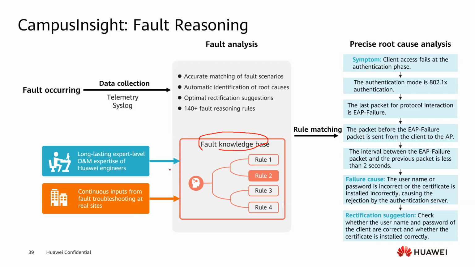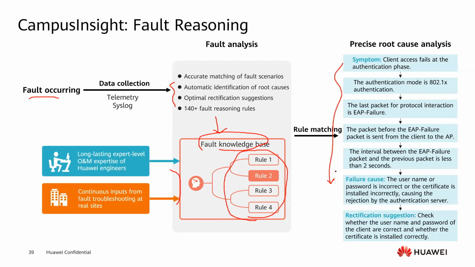And based on all of this information, it establishes a lot of problem rules. So when a fault occurs, it will report this information to the Campus Insight, and the Campus Insight will compare this fault data against the fault knowledge database, just through this way.